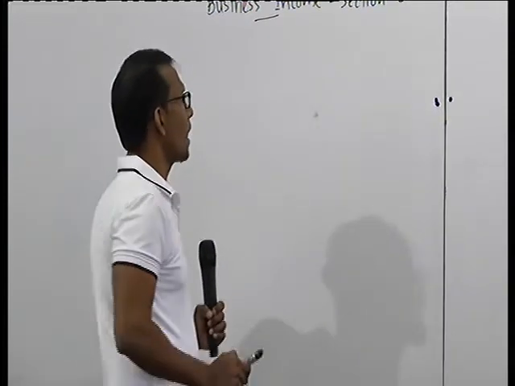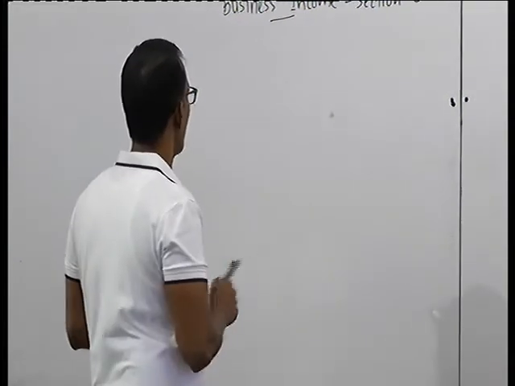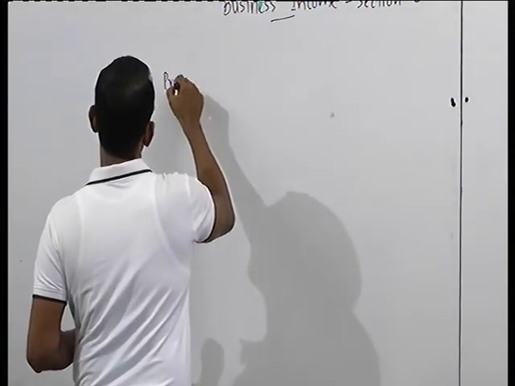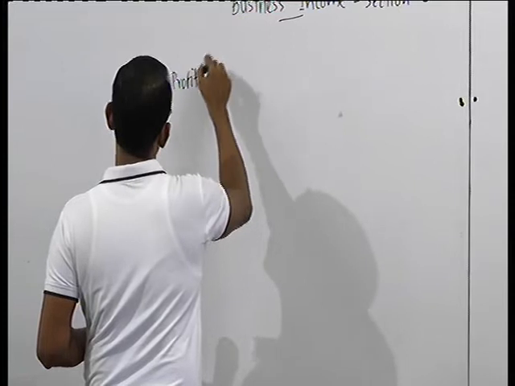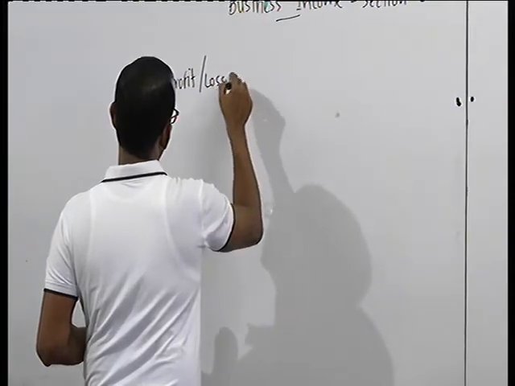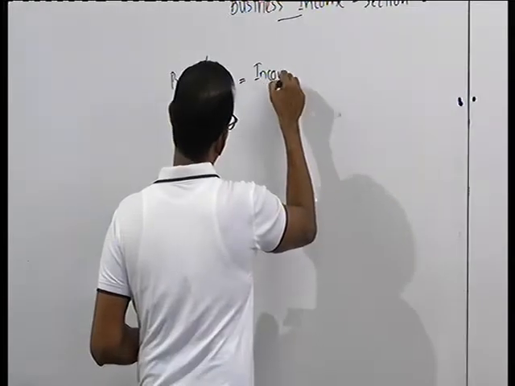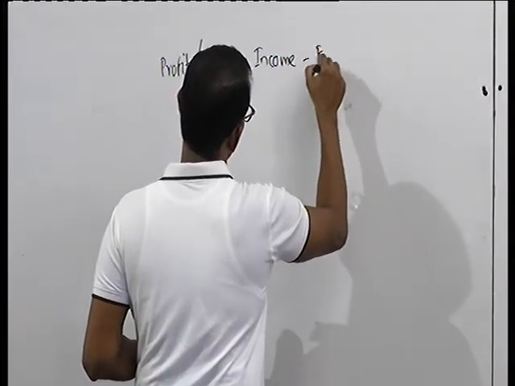And then we will take down how the profit or loss from a business is computed. Profit or loss equals income minus expenses.